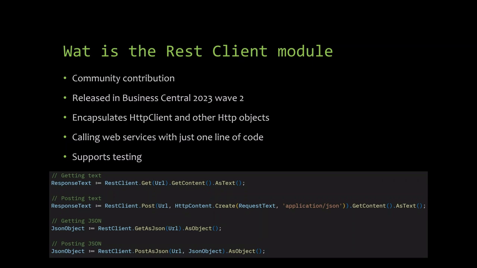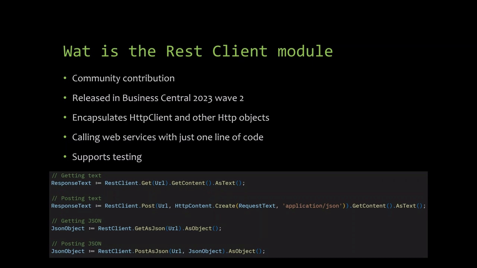We saw some additional features or fixes coming in from the community, and that's great. It is a community contribution, and that means it's open source. It's not specifically my code, it is our code. It was released a year ago in Business Central 2023 Wave 2.